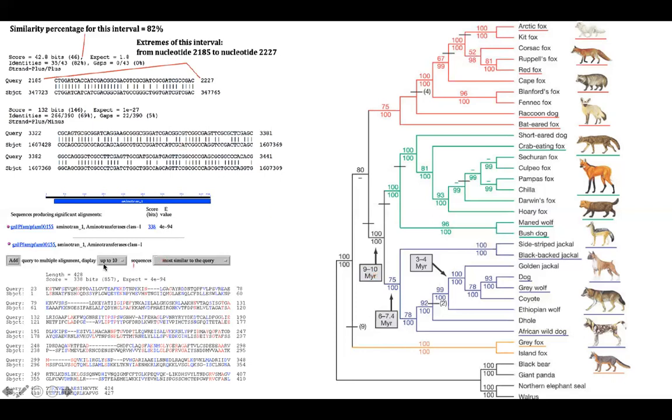So here is an example of protein sequences being compared. And you can see that there are places where there is some homology. Where there is red, there is homology. That means that they are the same. And where they are black, they are completely different.